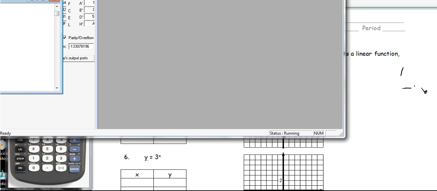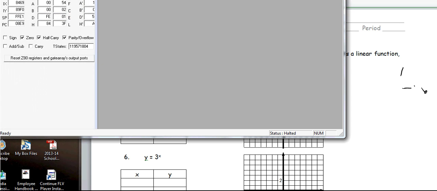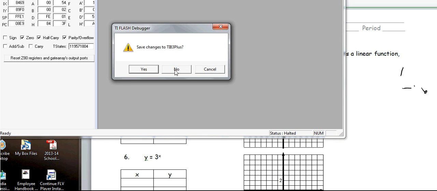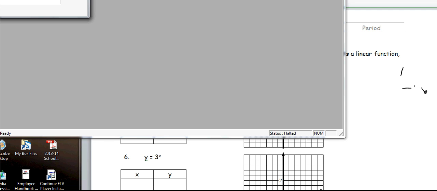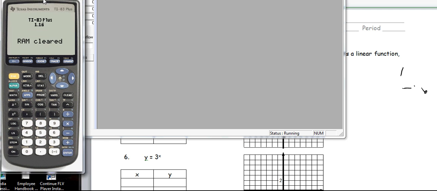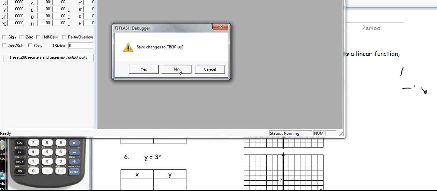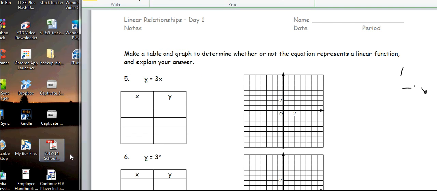Seem to be having a little bit of a technical difficulty here. Let me close that out, open up a new file. Thank you for bearing with me. Let me bring my calculator back into the screen area.